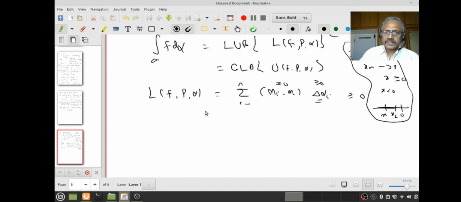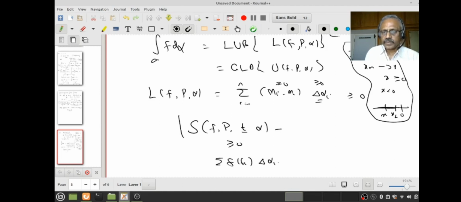Okay, and the similar thing you can also prove with respect to the Riemann sum, because f(P, t, alpha) minus something, I know it exists, but this is always greater than or equal to 0, because this is the summation of f(t_i) delta alpha_i. This is positive and this is positive, therefore this is always positive, and this is the integral from a to b of f d alpha.